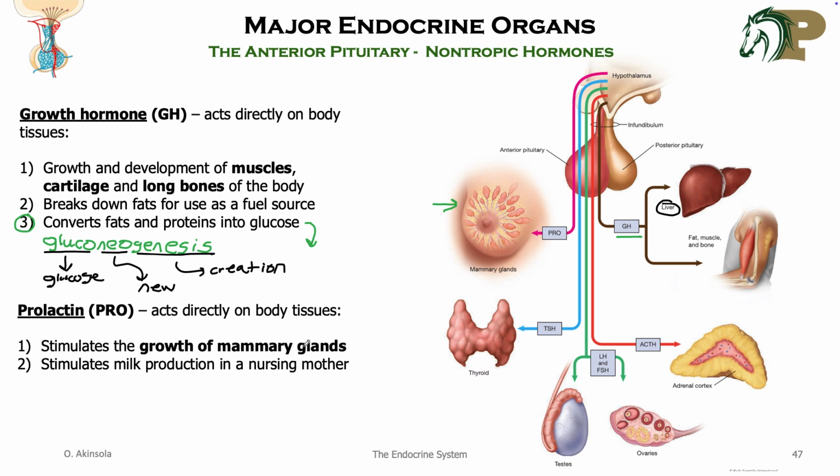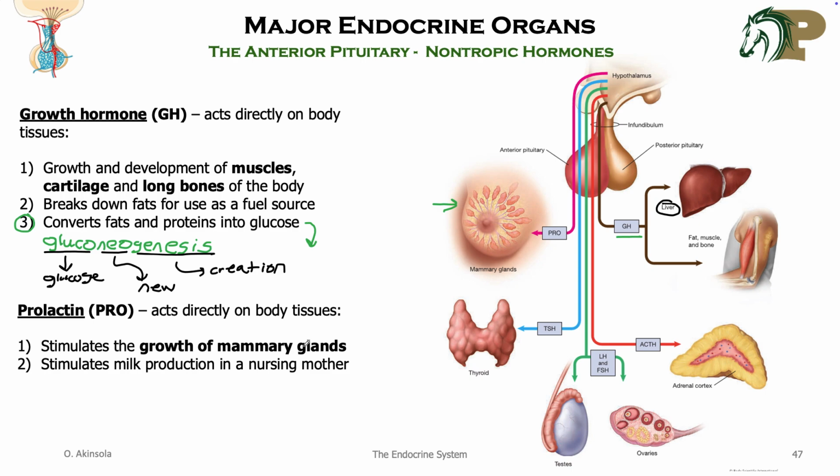So prolactin is responsible for milk production in the breast in a nursing mother. Oxytocin, which is another hormone that we're going to talk about, is responsible for milk ejection from the breast in a nursing mother. So two different hormones.